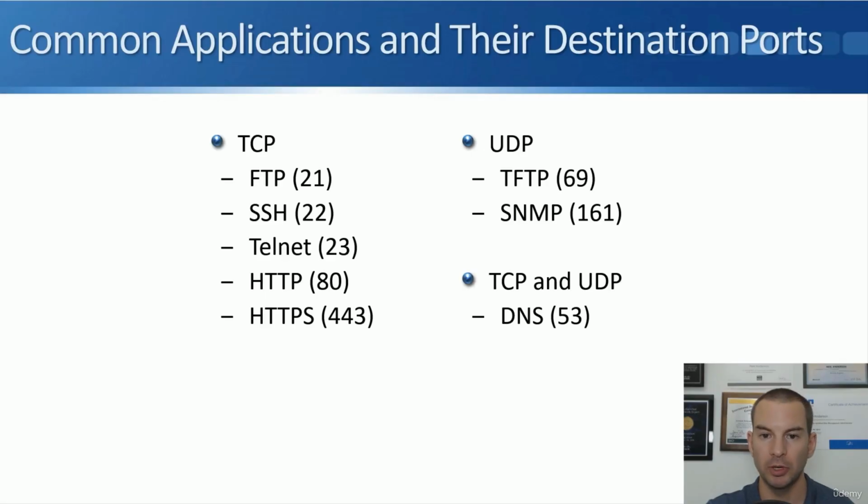Some UDP protocols: we've got TFTP, the Trivial File Transfer Protocol, which uses port 69, and SNMP, the Simple Network Management Protocol, which uses port 161. And the best known application that can use both TCP and UDP is DNS on port 53. There are some other voice and video signaling protocols that can also use both TCP and UDP as well.